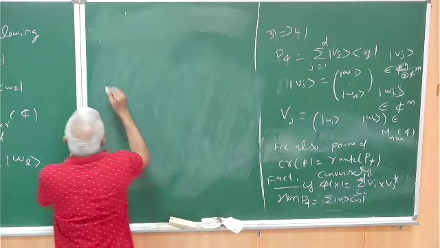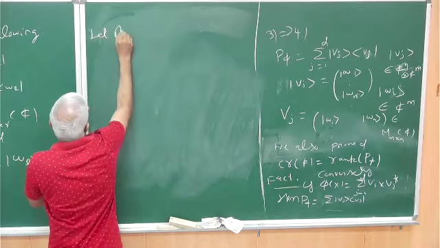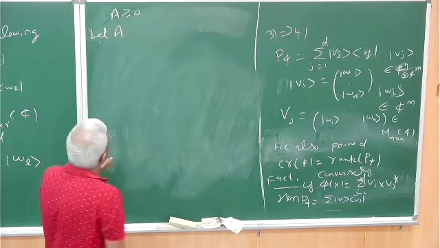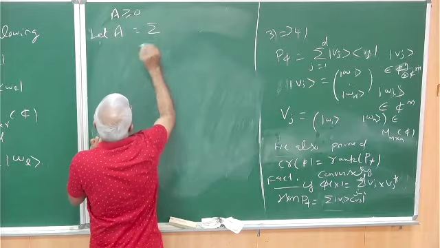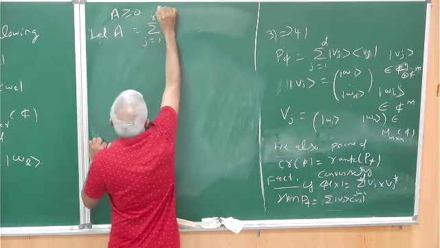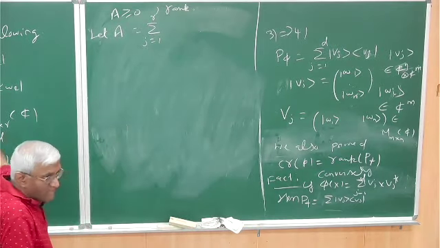So to prove, let A be greater than 0, any matrix, I call it A for now. A looks like this, summation j equal to 1 to r, and r is the rank of A. You know the Choi rank of phi is the same as the rank of P phi.